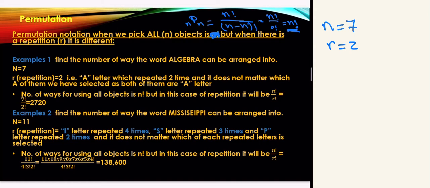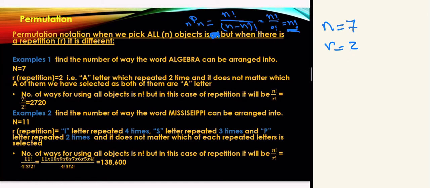If I have 2 letters repeated, I have to write R1 and R2, R3, R4, and so on. This is what we'll come to know in the next example. So here, just to make it simple, repetition R equals 2.